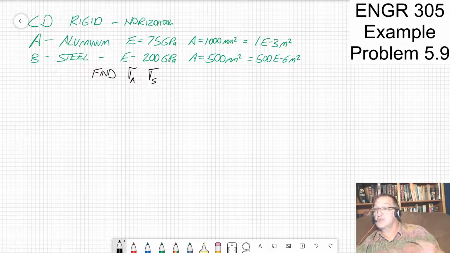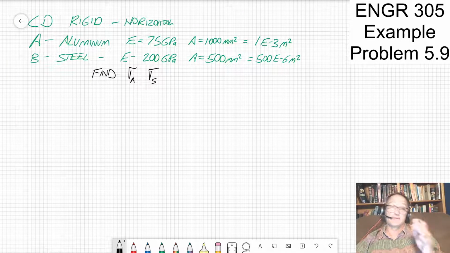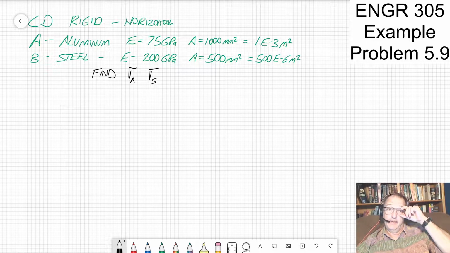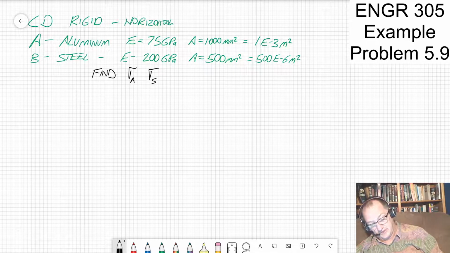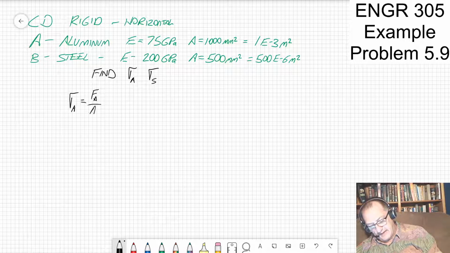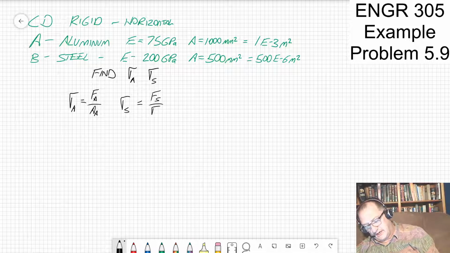So we're going to start out exactly the way we started the other problems. That's the interesting thing, and maybe I'm seeing parallelism that I haven't seen before in previous years. The stress in the aluminum is equal to the force in the aluminum divided by the area of the aluminum, and the stress in the steel is equal to the force in the steel divided by the area of the steel.